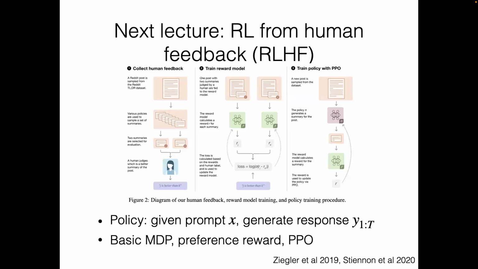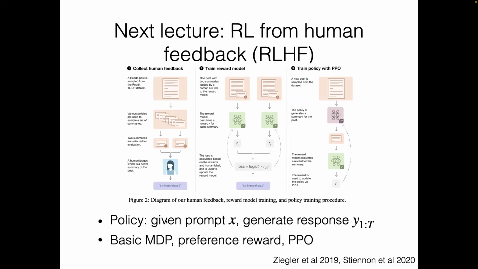Okay, and then just as a preview, we're going to apply this to language models in the next lecture, and it'll be these special cases if you want. But to get it to work in practice, there are still a lot of innovations and important details. So we're going to look at the setting called reinforcement learning from human feedback.